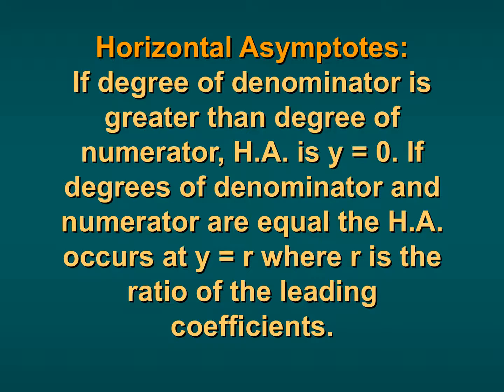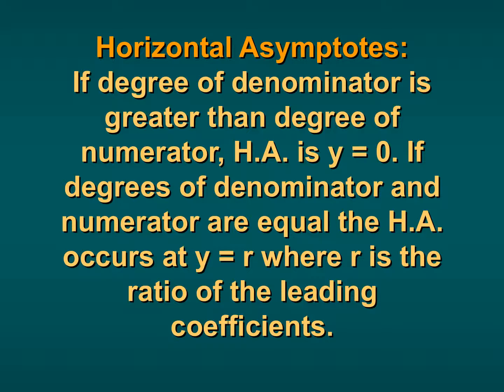If the degrees of your denominator and numerator are equal, then you have a horizontal asymptote at y equals r. And that r is going to be the ratio of the leading coefficients. And remember, the leading coefficients are the actual numbers in front of your leading term, right?